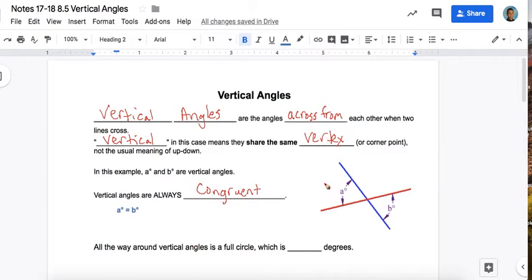So if A was 30 degrees, then B would also be 30 degrees.